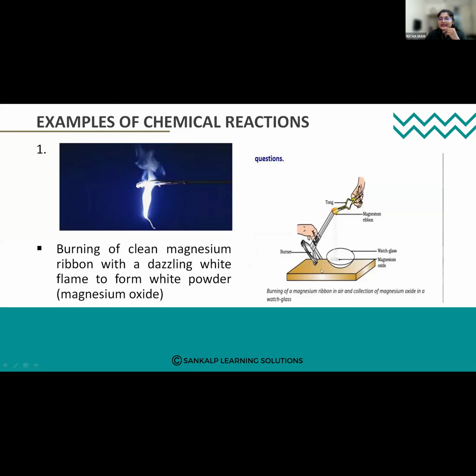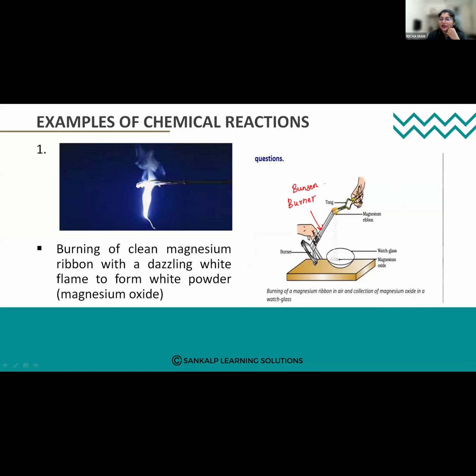Here we have taken a magnesium ribbon and it is taken in the flame. This burner is called the Bunsen burner, which I hope you have seen in your laboratory.